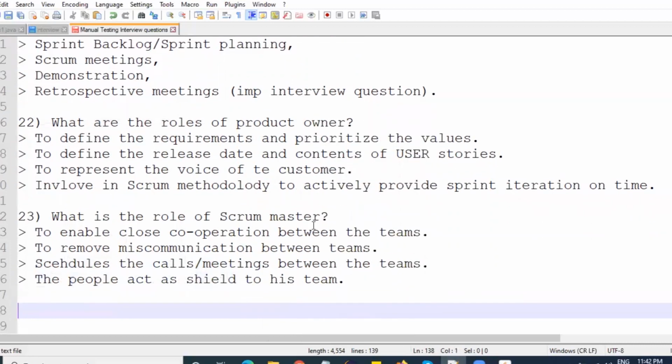So these are the roles and responsibilities of a Scrum Master.